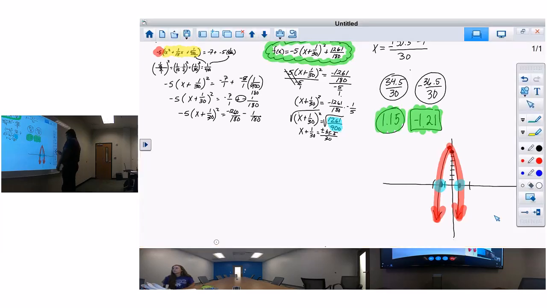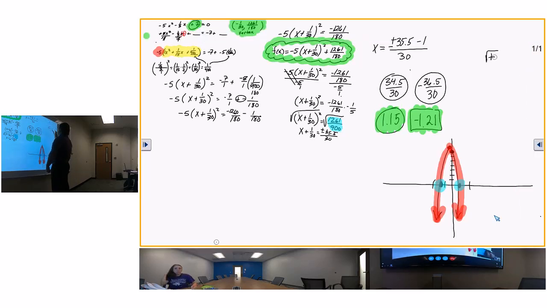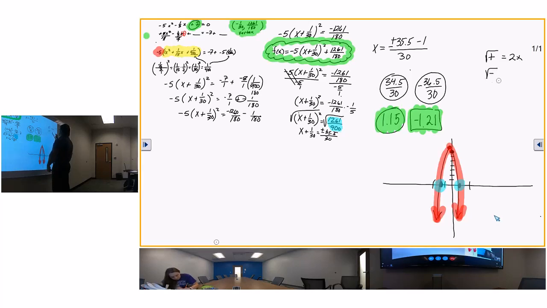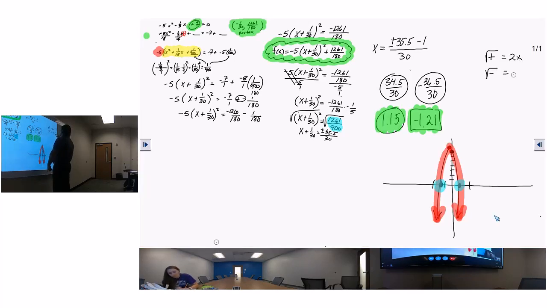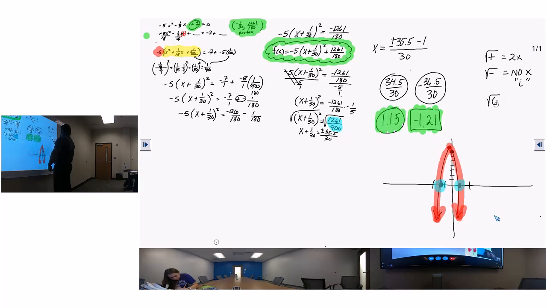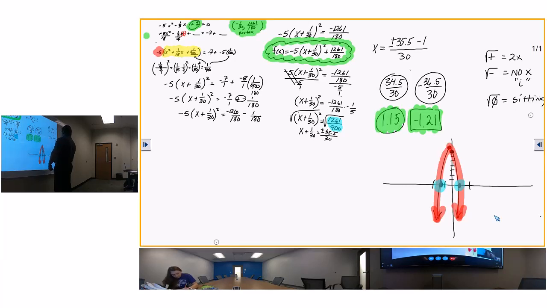Let's write that down. It's called the discriminant. Square root of a positive means what? 2 x-intercepts. Square root of a negative, no x-intercepts, and you have to write the answer in terms of i. Square root of 0 means that it's sitting on the x-axis. So remember that.